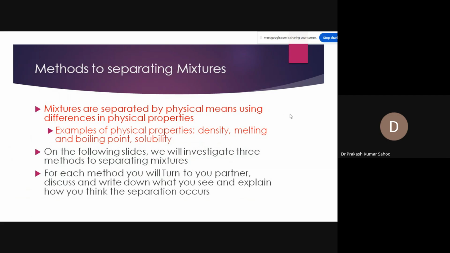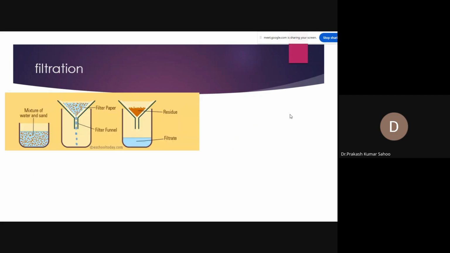So like this, according to different types of physical properties, the mixtures are separated. On the following slides, we will investigate three methods of separating mixtures. For each method, you will turn to your partner and discuss how to do it. This is the first one, which was already pointed out.